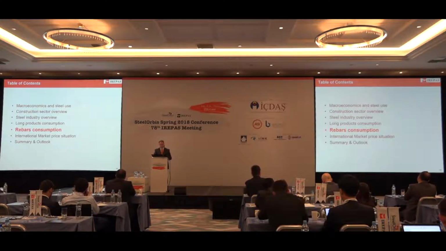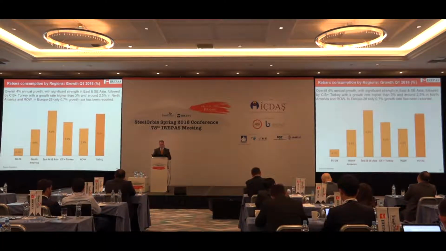So let's focus on rebars. What has happened with rebars consumption during the first quarter? Well, the average growth was 4%, and all areas of the world enjoyed a recovery of consumption. Of course, the strongest growth can be observed in East and Southeast Asia with 4.3%, and then other regions like the European Union had a poor 0.7%.